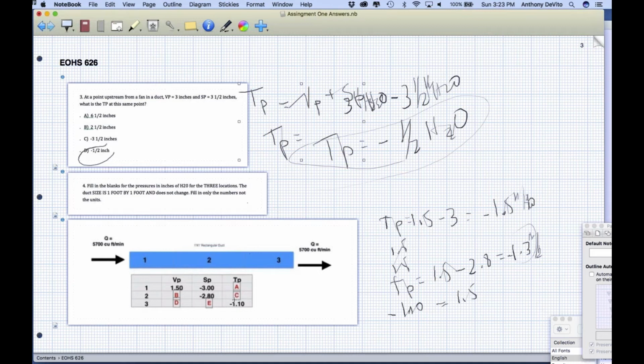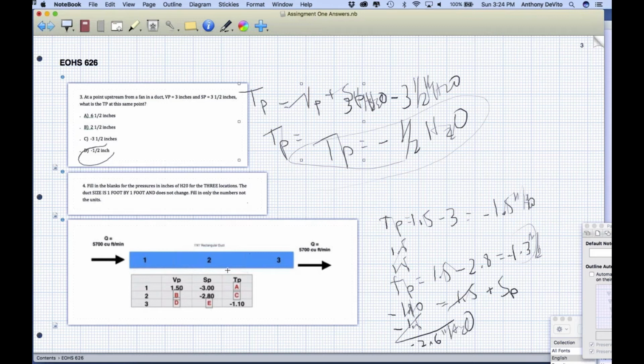Okay, well, if I move this over to the other side, our total pressure is -1.1, our velocity pressure is plus 1.5, and if I move it over to the other side, it becomes -1.5. So our static pressure in this case is equal to -2.6 inches of water. Okay, so I think that should cover all of that.